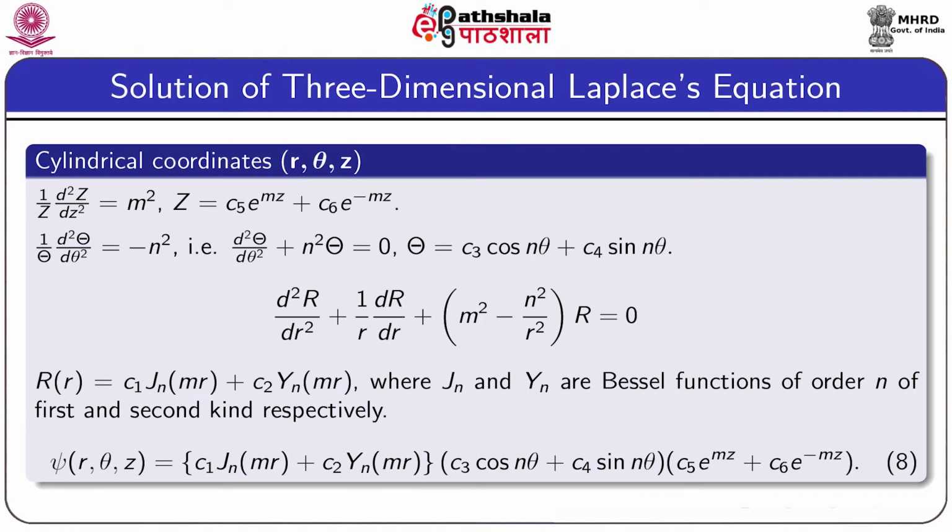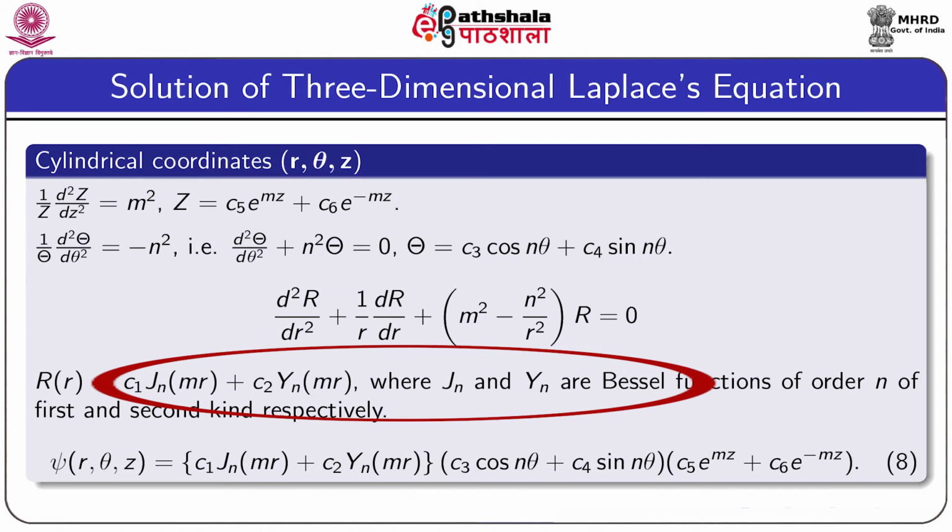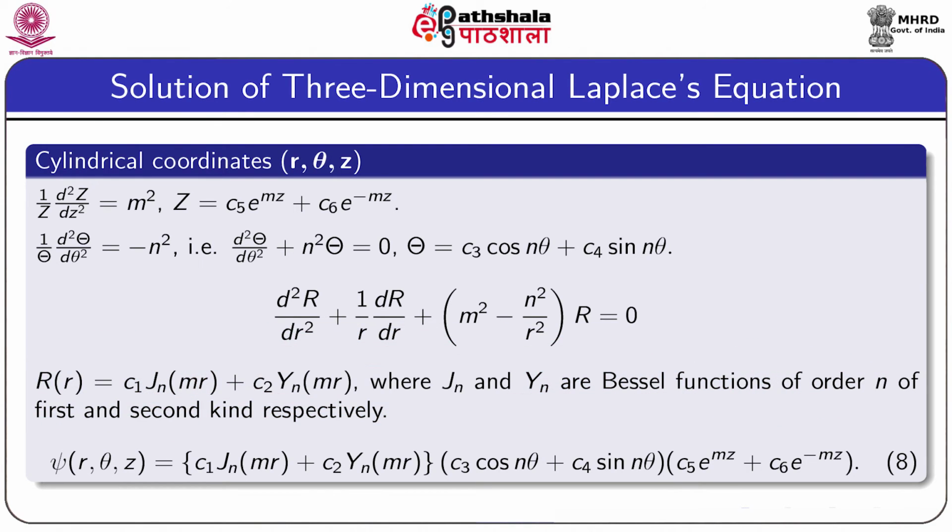This is a very famous equation, known as Bessel's differential equation, and we know that the solution of Bessel's differential equation is the Bessel function. So, the solution is written as R equals C1 J_n(mr) plus C2 Y_n(mr), where J_n and Y_n are Bessel's functions of order n, of the first and second kind respectively.